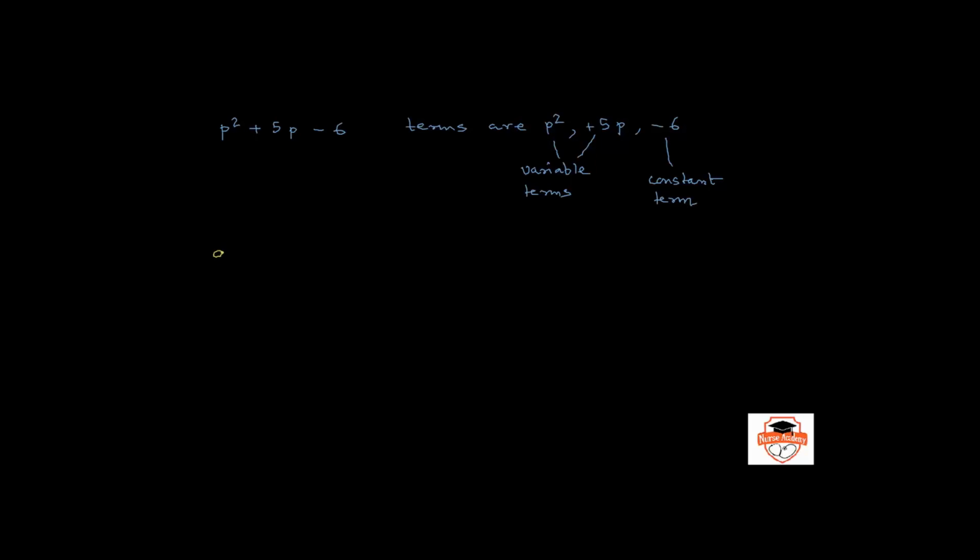Similarly, ab plus 2a squared b minus 3ab squared minus 4 has got 4 terms, and the terms are ab plus 2a squared b and negative 3ab squared.